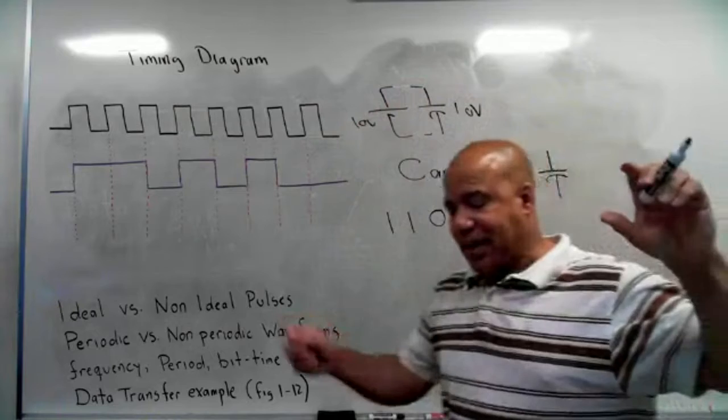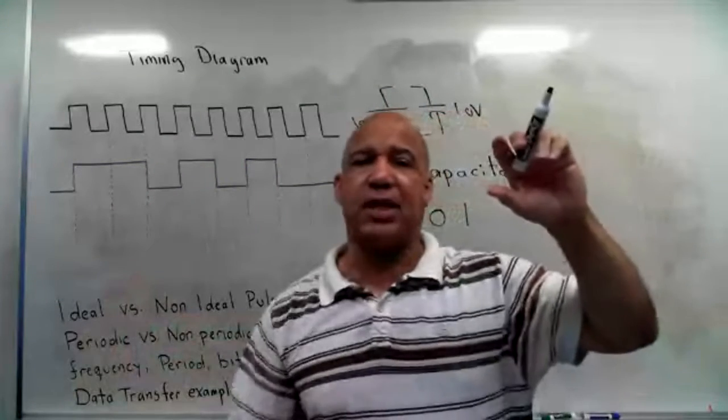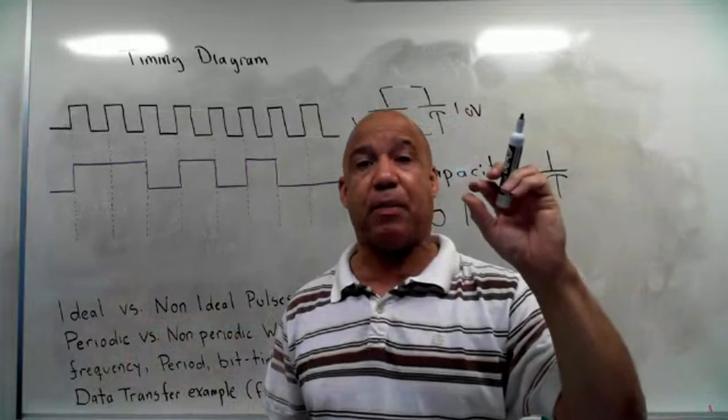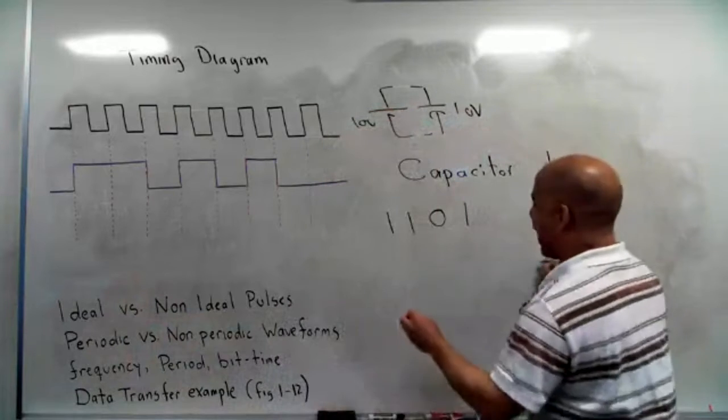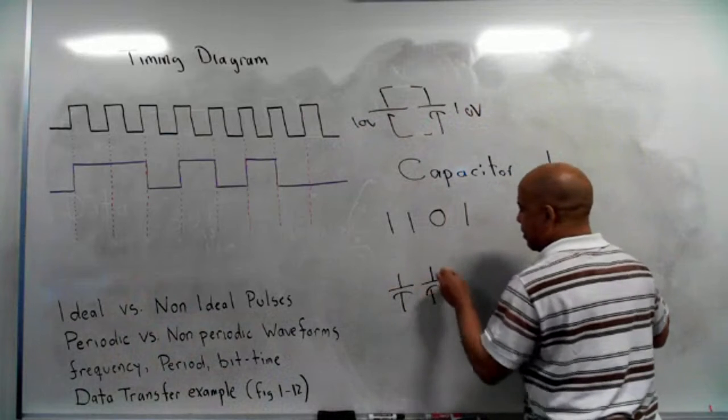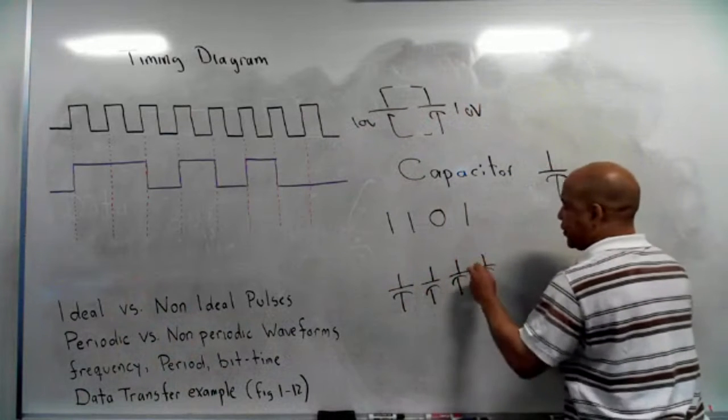They used to do this in the early days of computers. They would have these memories that had tiny microscopic capacitors in them. So they might have 4 capacitors lined up like this.